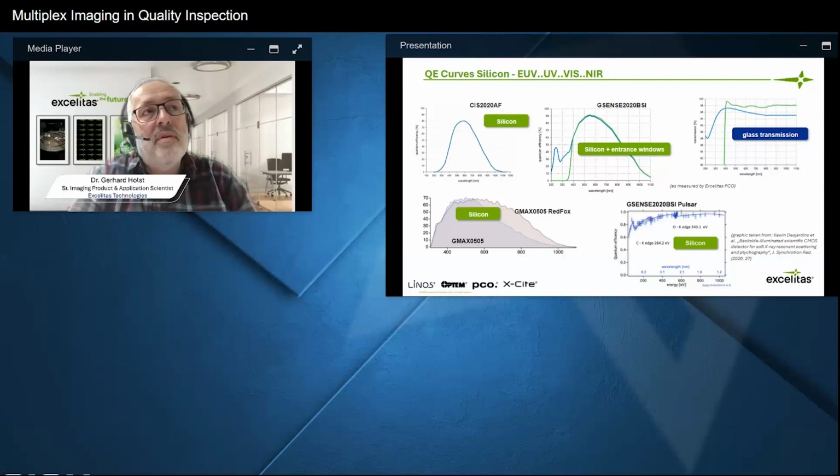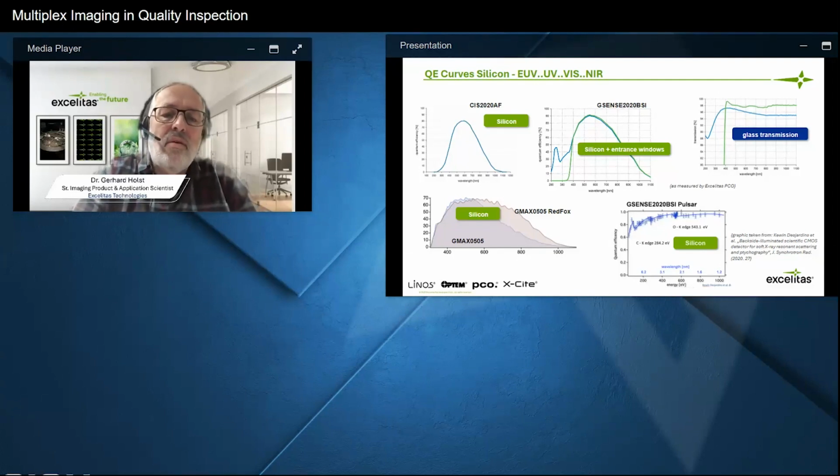So if you want to have a UV camera with this entrance window, then the blue curve is the one to go for. But if you are sure that your application only happens to be investigated in the visible range, then the green curve gives you a much better performance because of its lower transmission loss.